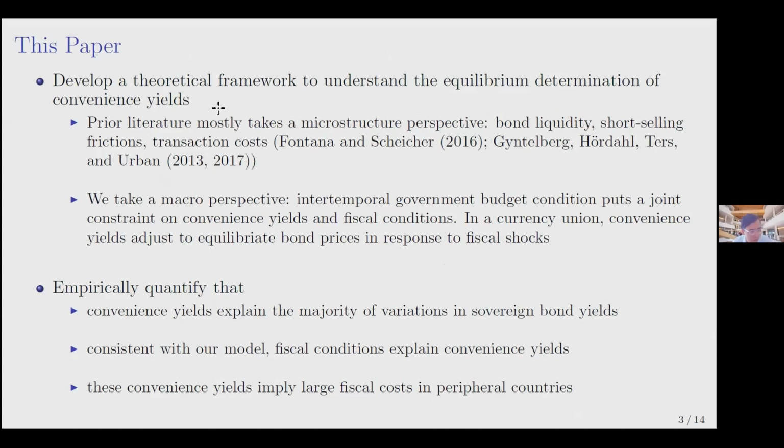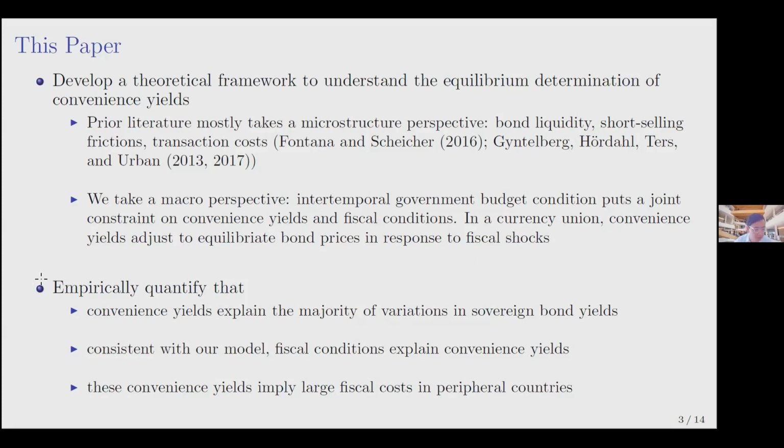Prior literature looks at its magnitude and mostly relates its variation to microstructure drivers, such as bond liquidity, short selling frictions, and transaction costs. In this paper, we're going to take a macro perspective. In particular, we highlight the role of the intertemporal government budget condition, which puts a joint constraint on convenience yields and fiscal conditions.